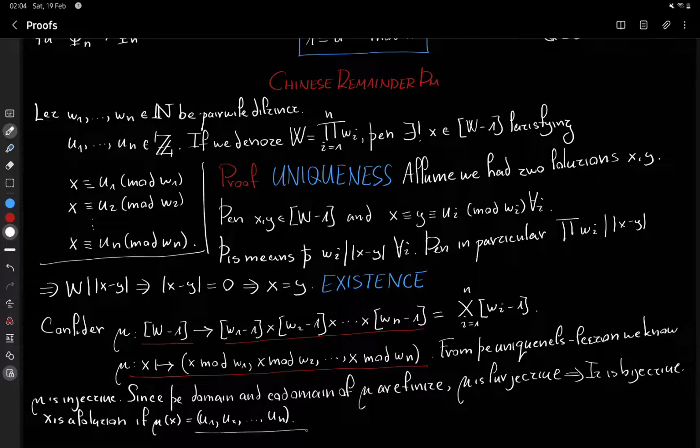But this lies in the codomain, and we are dealing with a bijection, and as such, it must have a preimage.